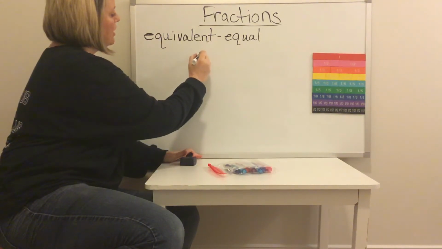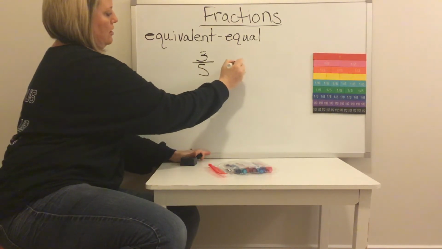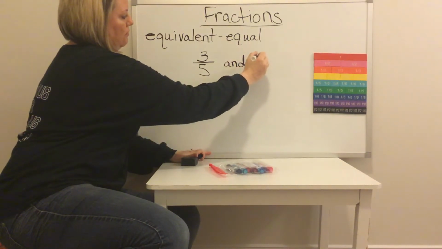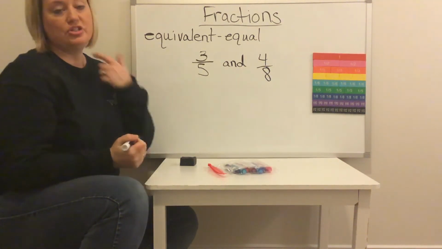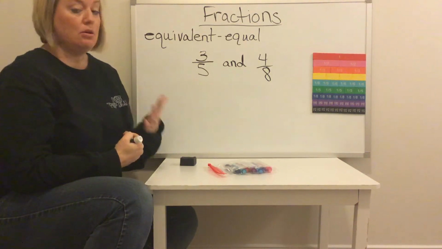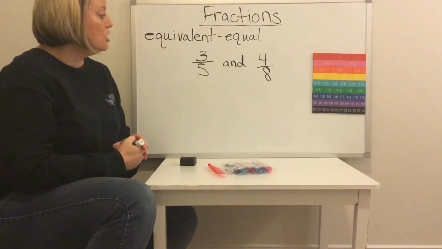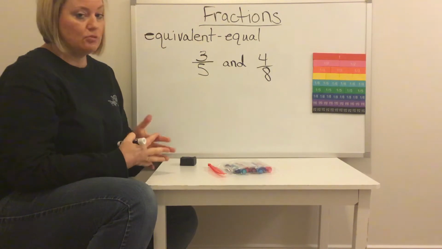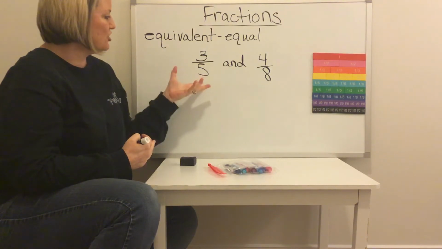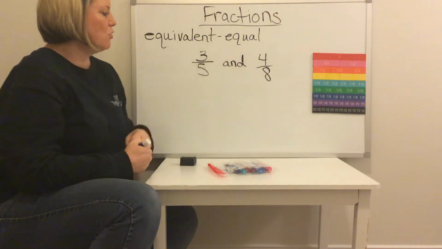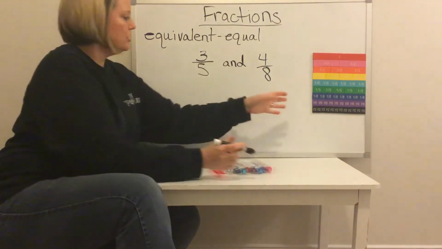So, you might have 3/5 and 4/8. And the directions have asked you to write equivalent or not equivalent. Decide whether these two are equal or not. So what we really need to do, the easiest way to do this, is we've got to pull out our fraction strips. Okay, we can't just visualize 3/5 and 4/8 and know right off the bat whether or not they're equal. All right, we need to use our fraction strips.